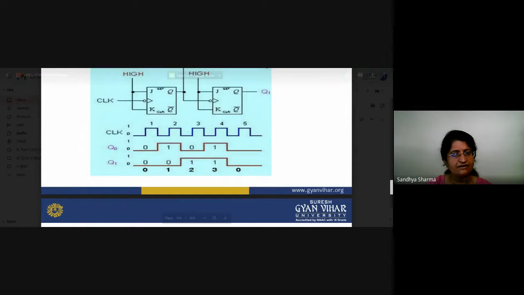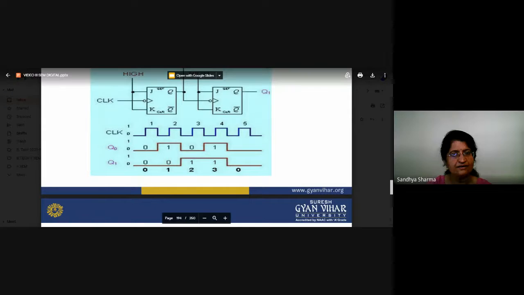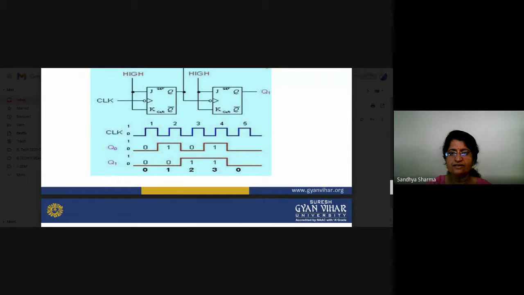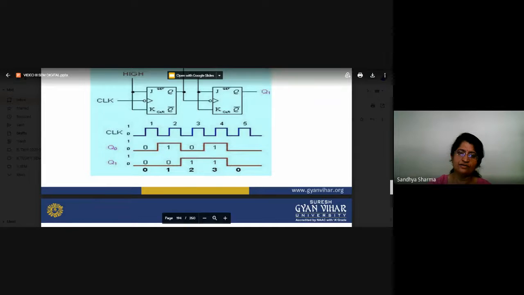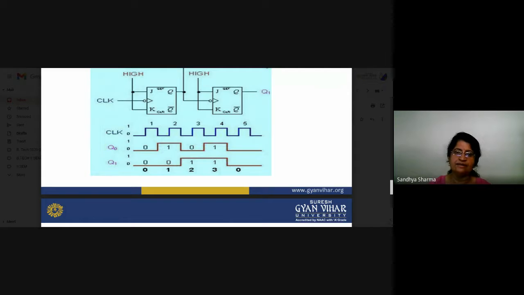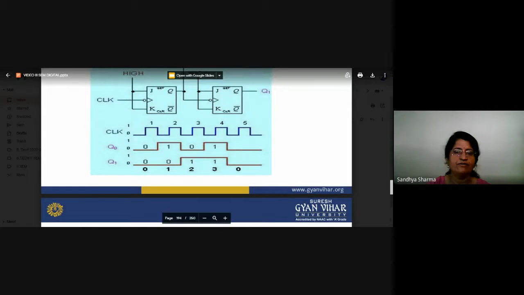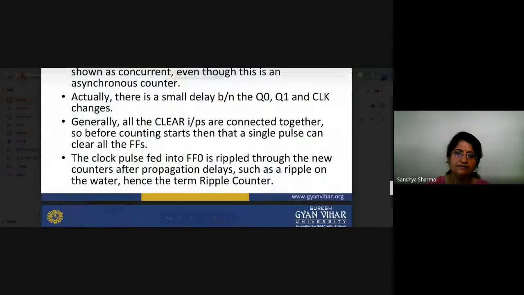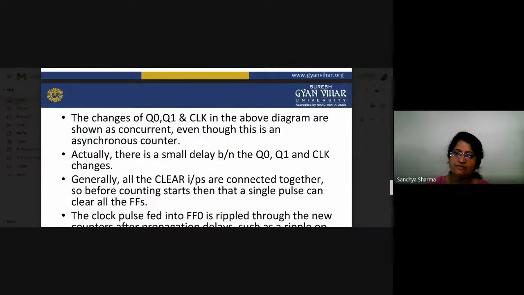At the negative edge trigger clock signal, the second flip flop, Q1, will be activated, and it goes through this one. So that will be interconnected, and after negative edge triggering of the first flip flop, your second flip flop will be activated. So the same sequence will be followed: 0 0, 0 1, 1 0 and 1 1.